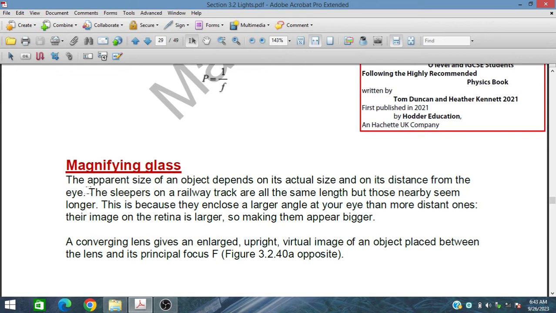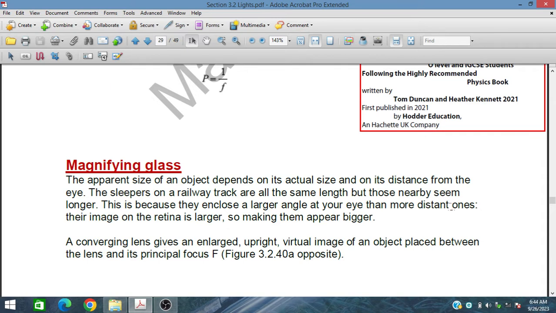In a magnifying glass, the apparent size of an object depends on its actual size and on its distance from the eye. The sleepers on the railway tracks are all the same length, but those nearby seem longer. This is because they enclose a larger angle at our eyes than more distant ones.